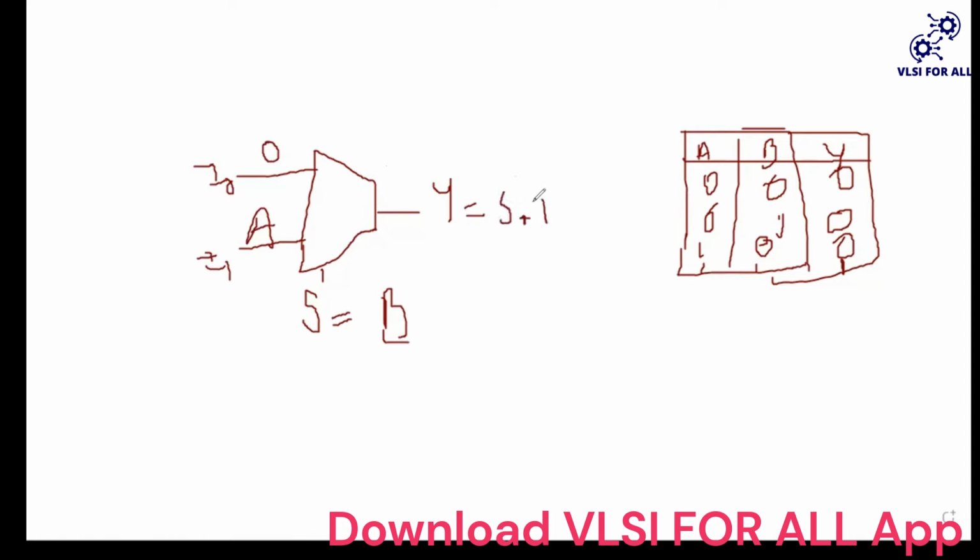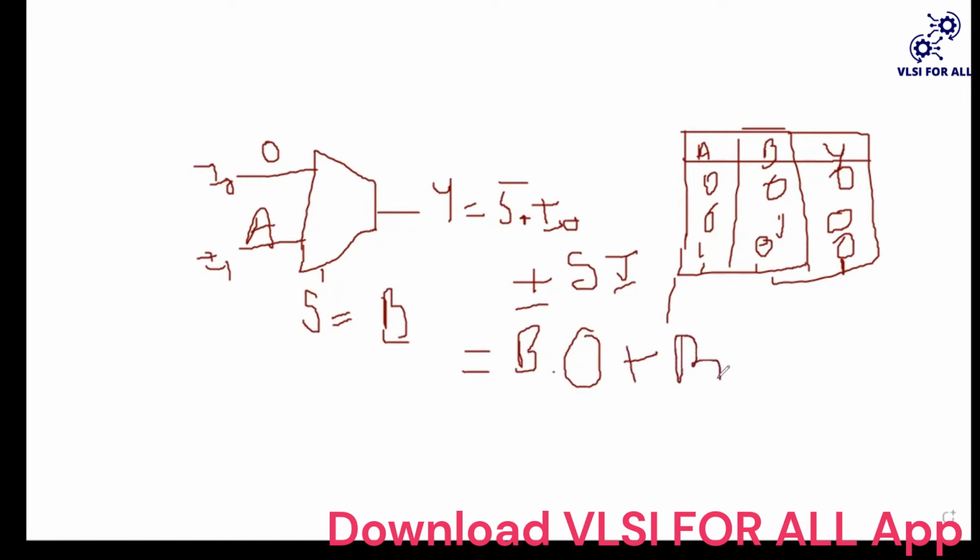S bar I0 plus S I1. When we take B here, the output will be B bar into 0 plus, when we select line as B, into A. So in this way, we can directly get the output AB.